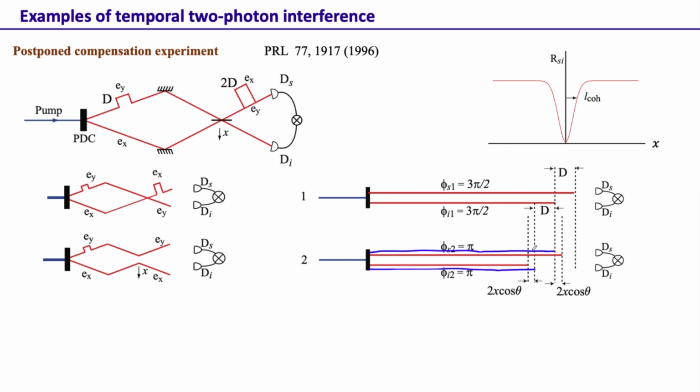So that's the length traveled by the signal photon, this is the length traveled by the idler photon, and the difference is D. So in the balance position, in the first alternative, the difference of signal and idler is D. In the second alternative also, the difference of signal and idler is D.